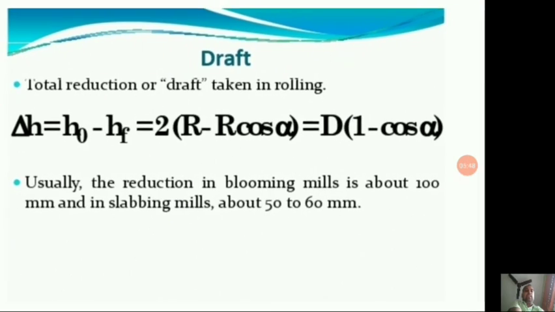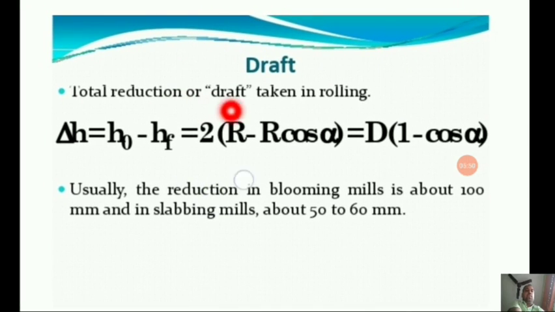Now, draft, that is the total reduction or draft, as I earlier told you, is equal to H0 minus HF, and it is also given in terms of bite angle and radius of the rolling mills as 2 into R minus R cos alpha, and it can also be written as D into 1 minus cos alpha.